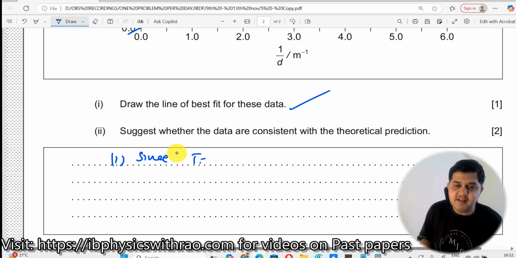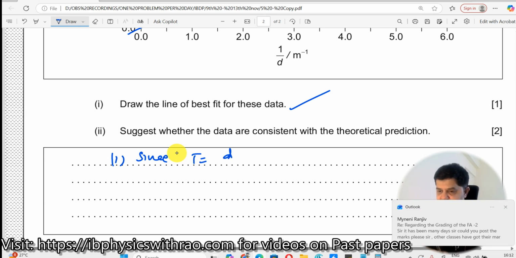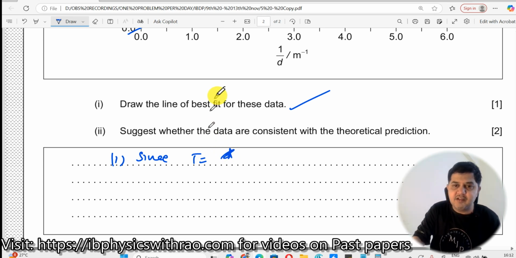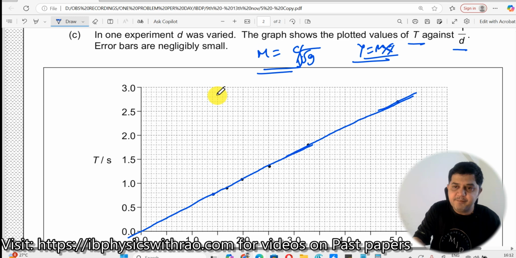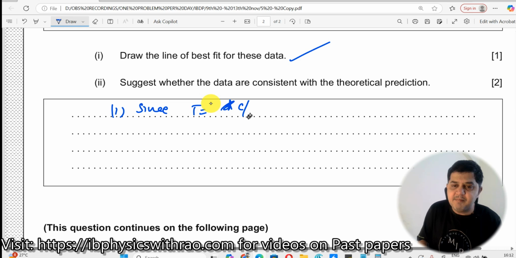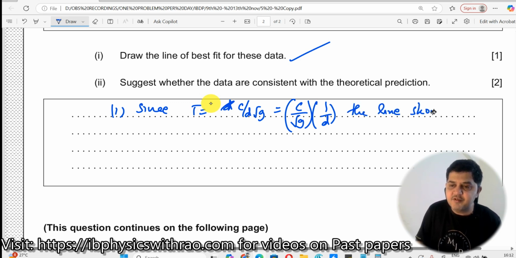T is equal to, what was it from here? C by D root G. T is equal to C by D root G, which is equal to C by root G into 1 by D. So since that is so, the line should pass through the origin.